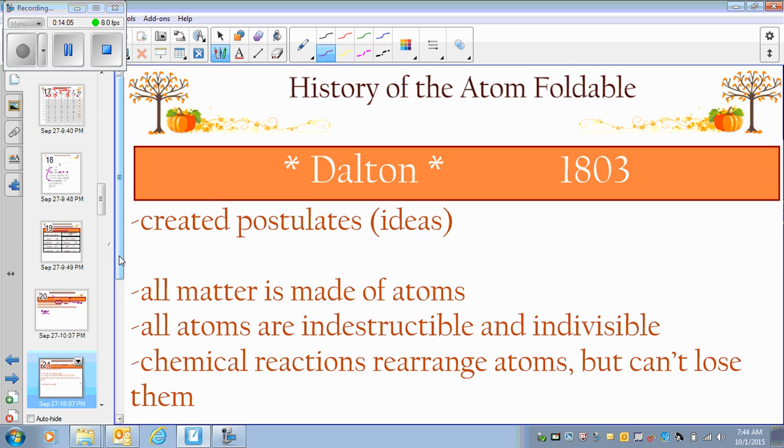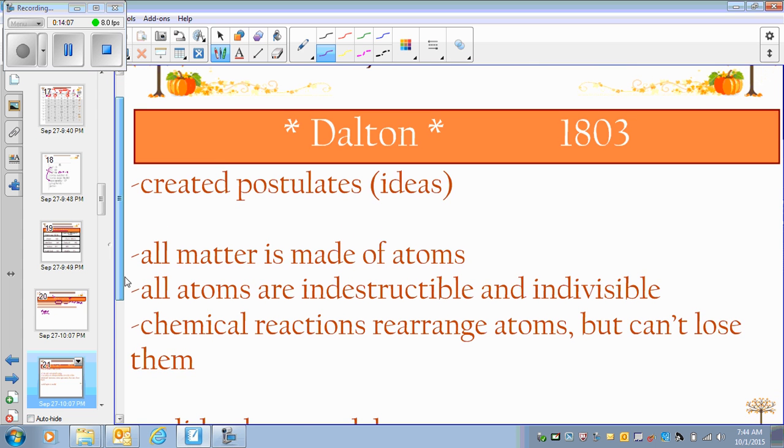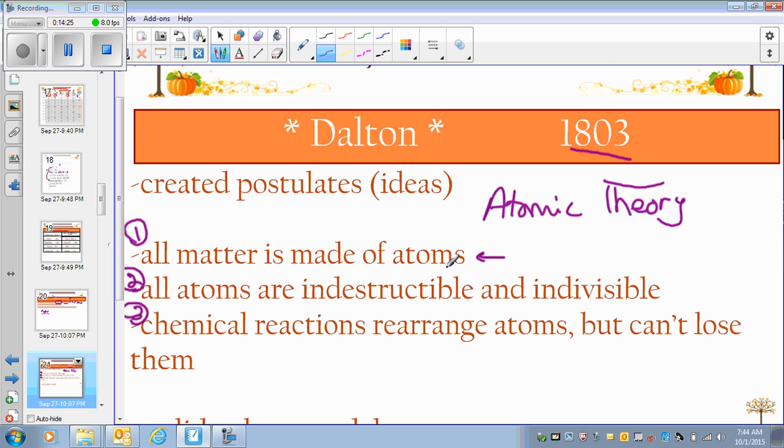The next scientist is Dalton. Dalton was the first ever scientist who gave us the first atomic theory. The first atomic theory was given by Dalton in 1803. According to the postulates of atomic theory, all matter is made of atoms. All atoms are indestructible, meaning you cannot break them any further down.